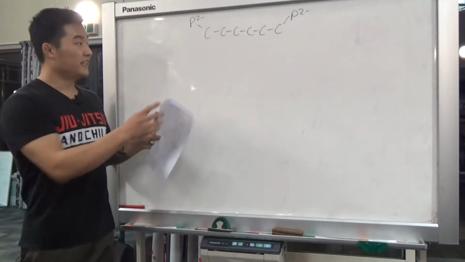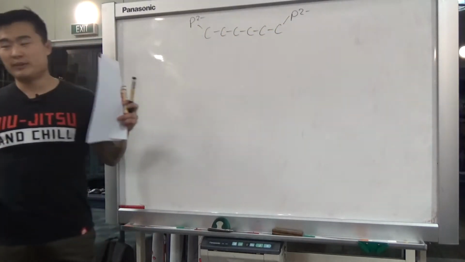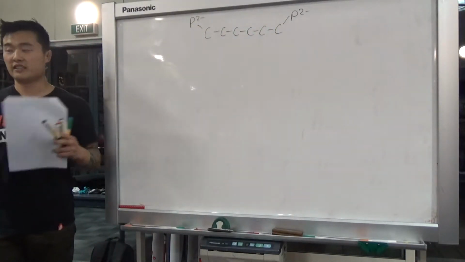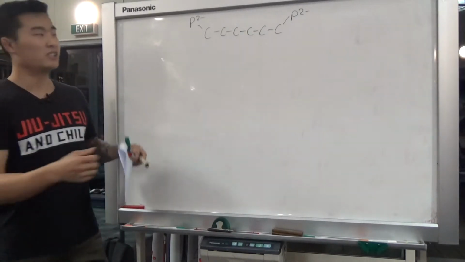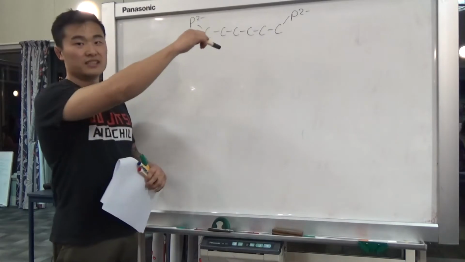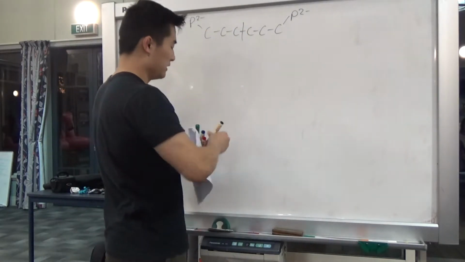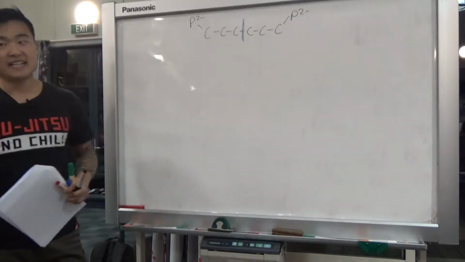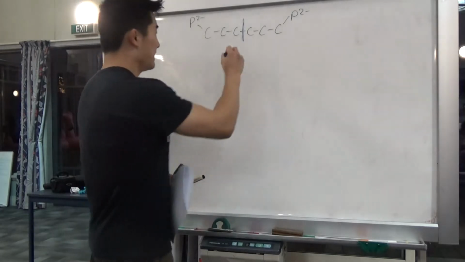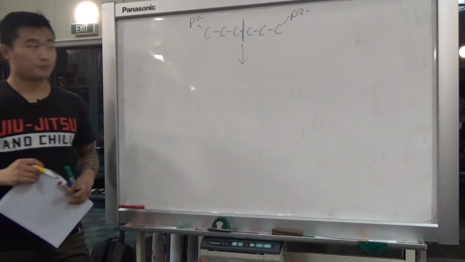If there's a negative charge here and a negative charge here, are they going to attract or repel? They're going to repel, right? So if these are trying to get away from each other, they're going to put tension on this bond, right? That makes it really easy for aldolase, the enzyme, to come in and just break it.